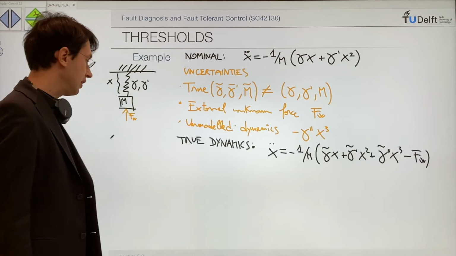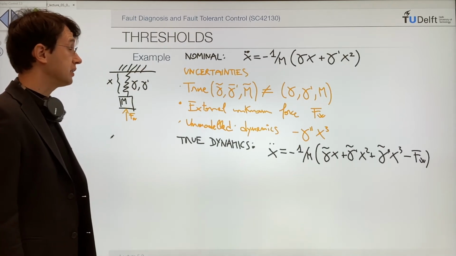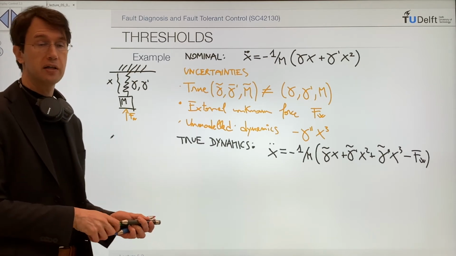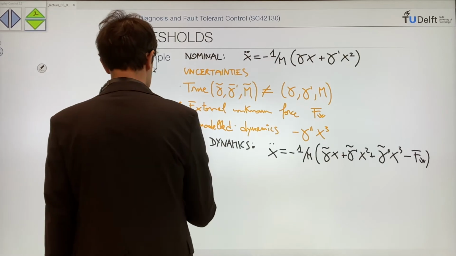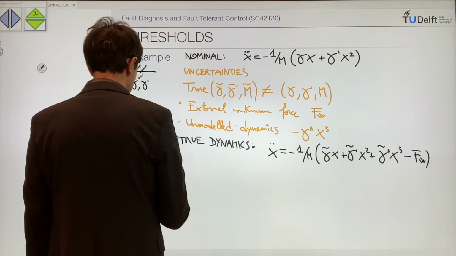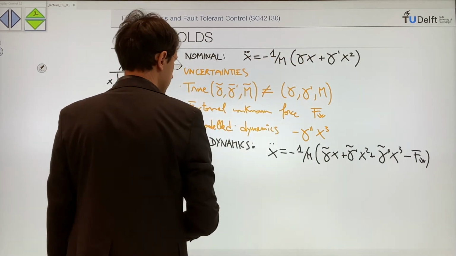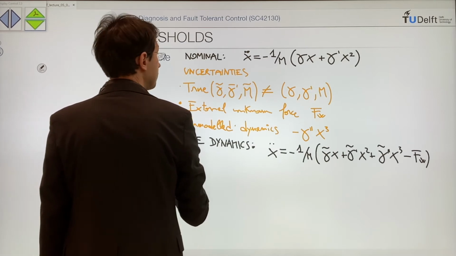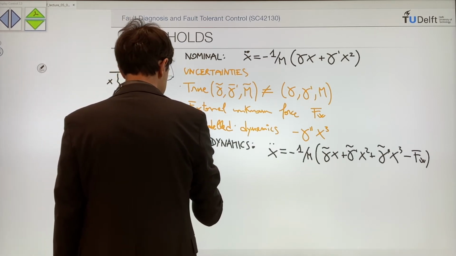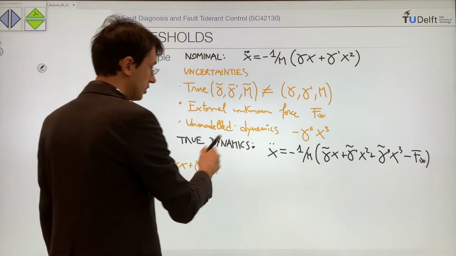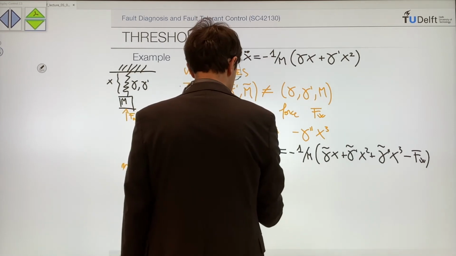Okay, at this point, we can compute the uncertainty eta simply by taking the difference. It's just a bit tedious to write all the terms, but the reality is that we just take this one minus this one. So minus 1 over m that multiplies gamma x plus gamma prime x squared, minus, then that is plus 1 over m tilde.